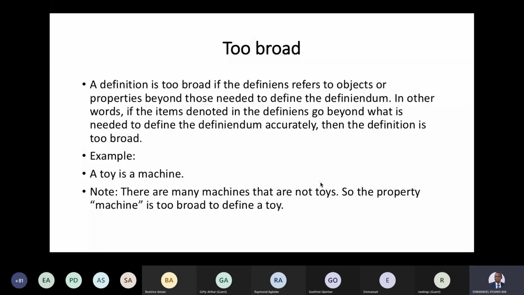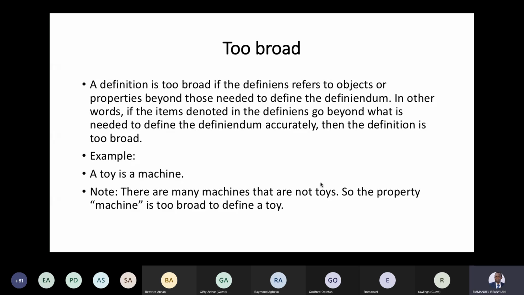You can't say a car is a machine because there are so many machines that are not cars. Cars are just a tiny fraction of all machines. So saying that a car is a machine is a broad definition. A machine goes much beyond cars.